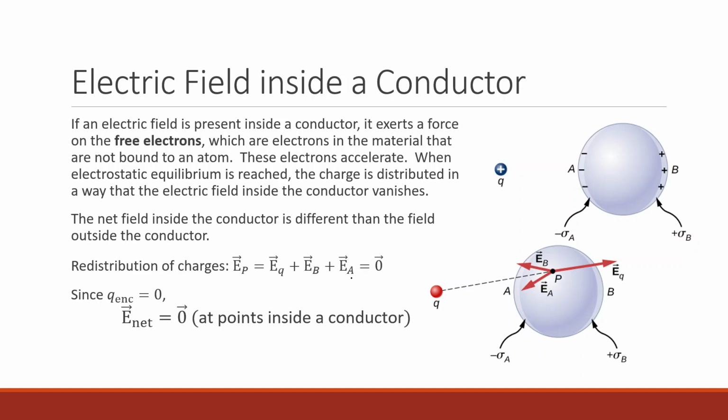Because we have a Q enclosed equal to 0, our overall charge of the conductor is 0. This also means that our net electric field is 0 at every point inside of a conductor. Okay, so again, electric field is equal to 0 at points inside a conductor. That's important to remember.